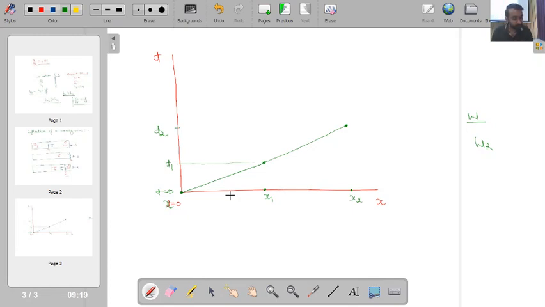So now I will be finding that from this point it has started moving back once again, and at some location, say this is location x3, my time is t3.